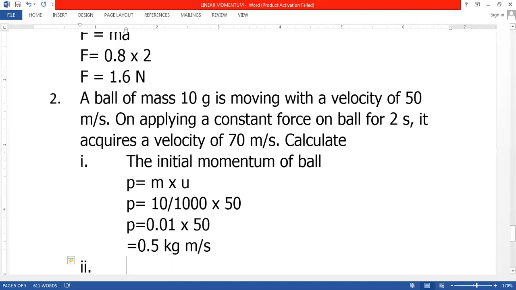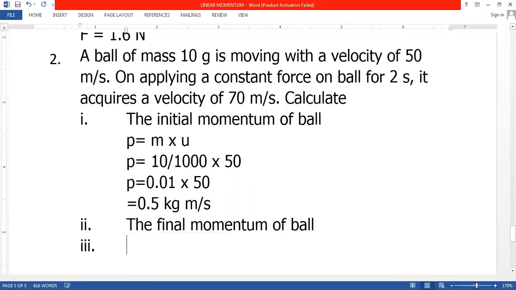Now write down the next, the final momentum of the ball. Now you all do it and tell me how much is the final momentum. 0.7 kg meter per second. Very good, brilliant.